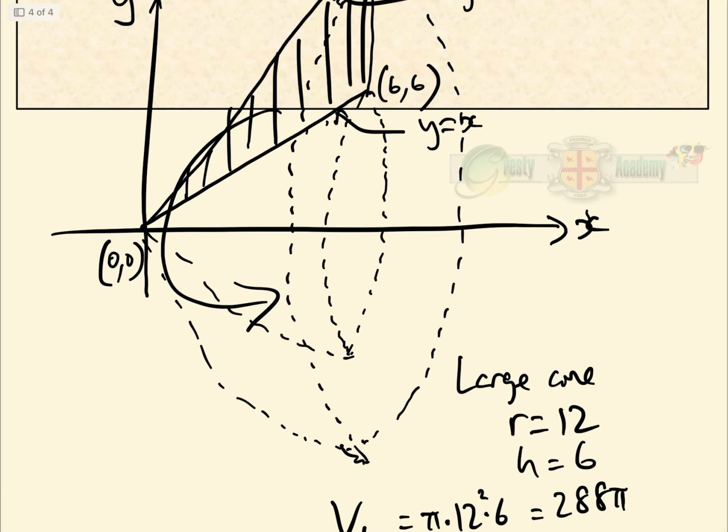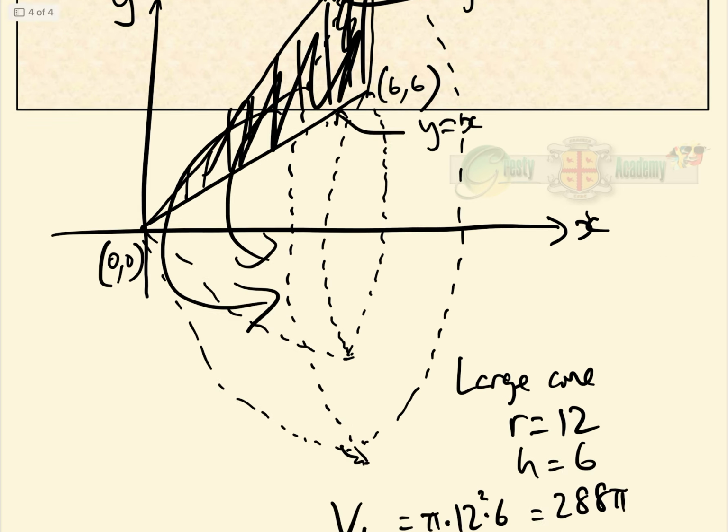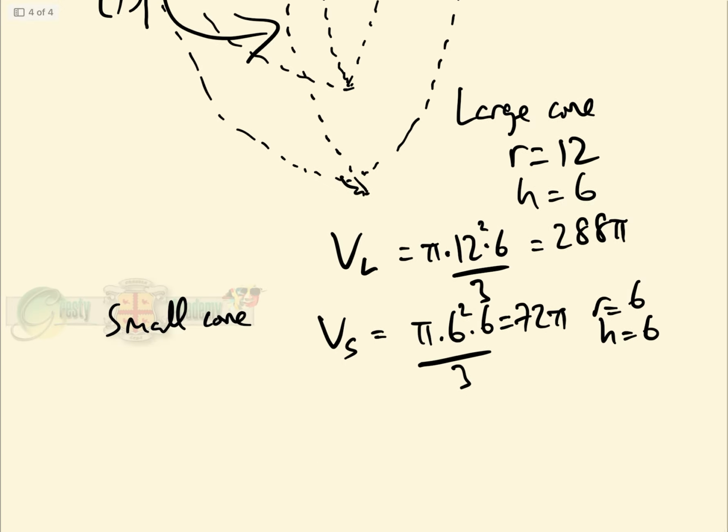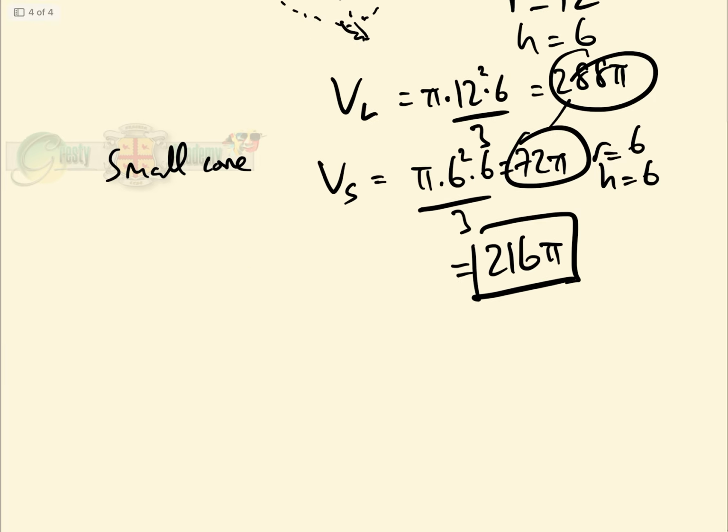Therefore the volume of the region enclosed between the two rotated around should be one take away the other, so the answer is 216 pi, which is 288 pi take away 72 pi.